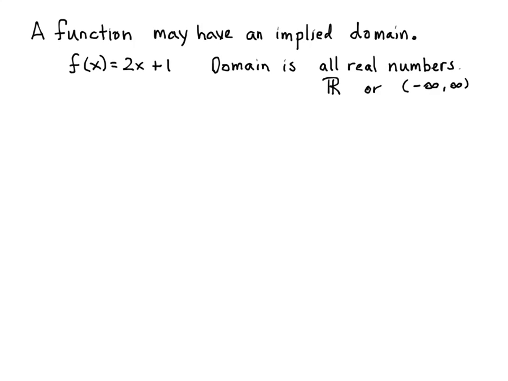Now, in this one, we notice by inspection all numbers work, and so we can say the domain is all real numbers, or we can use this funny looking R, which is kind of a capital but not quite bolded R, or we can write it in interval notation as negative infinity to infinity. Okay, so we have a couple ways to write it there.